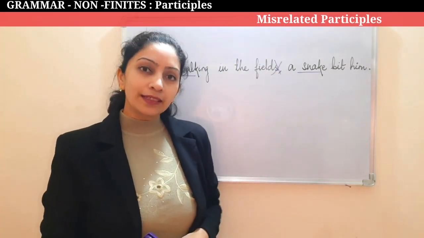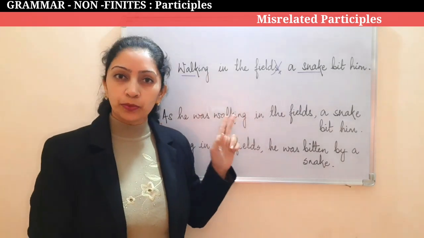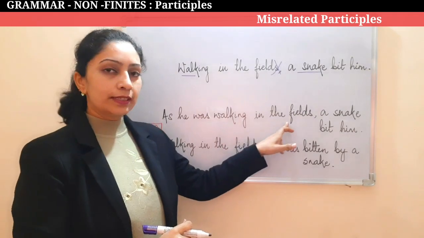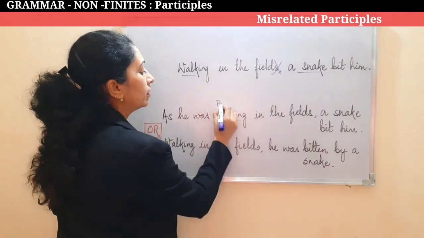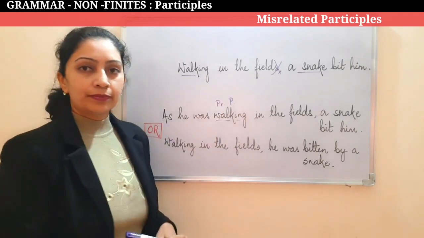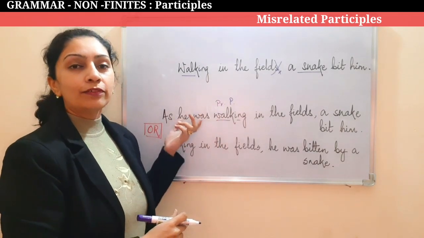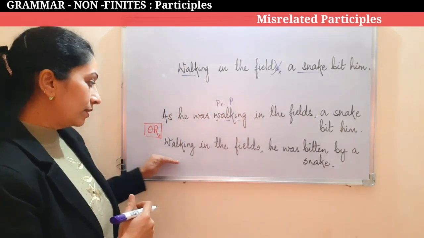So how do you make a sentence out of it? Look at this. The sentence can be corrected in two ways. As he was walking in the fields, a snake bit him. Now here walking comes out to be a present participle. And since I have related it as he was, I already have a noun before it. Or it can also be used in this way.